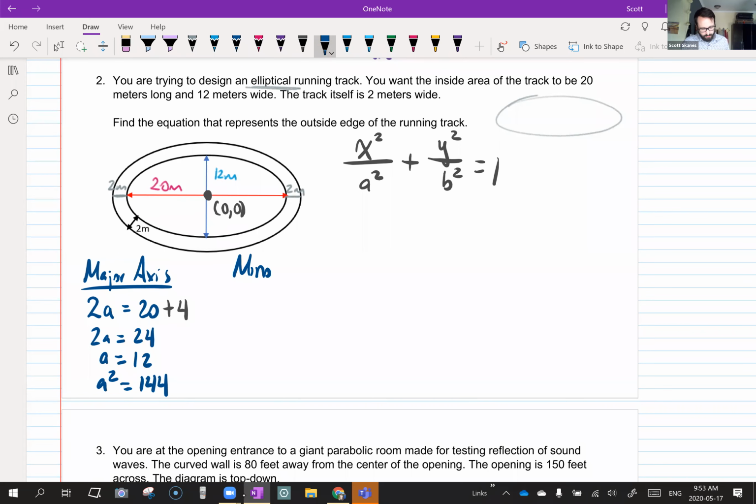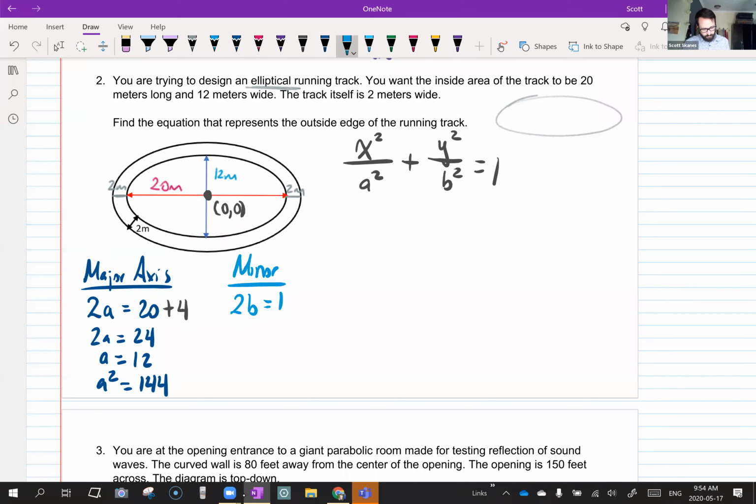The minor axis. Let's go and do the same idea. The length of the minor axis, what is it? 12 plus 2 on top plus 2 on bottom. It's not 7. 2b. I'm not looking for b. I'm looking for a 2b.